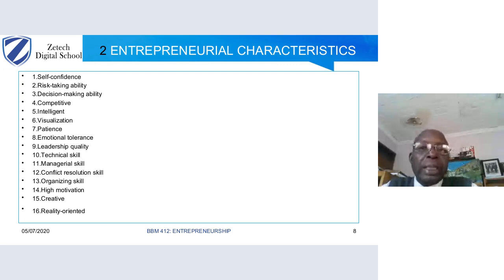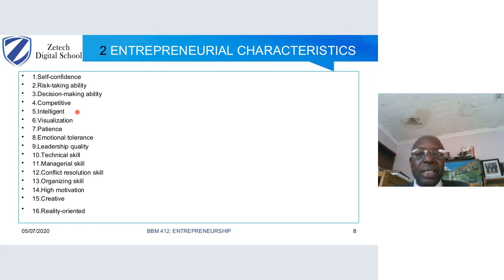Let's get back and see some of the key characteristics of entrepreneurs. First, it is self-confidence. I'm sure this man was self-confident, and many others who have taken that path. Risk-taking is another one, decision-making ability, being very competitive in their thinking.